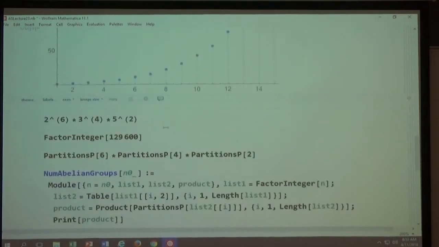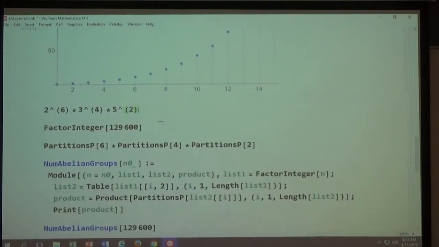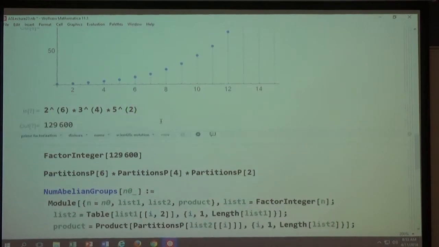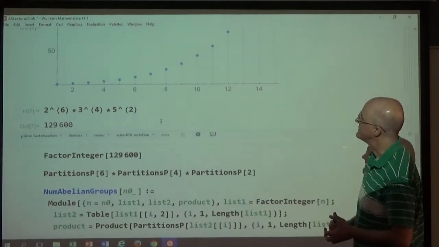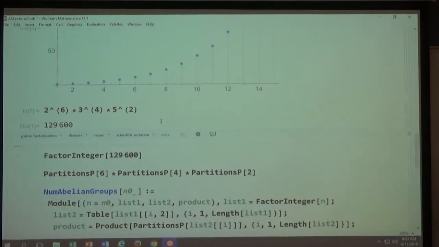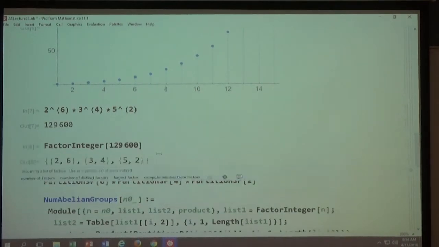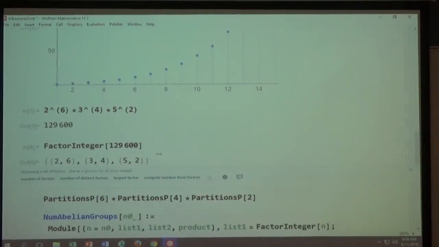As another example, with bigger numbers, I thought of this particular number, which to find it, I wrote the prime factors and raised them to various powers. By the way, FactorInteger can go in reverse and factor the given number to see that it's 2 to the 6 times 3 to the 4th times 5 squared.